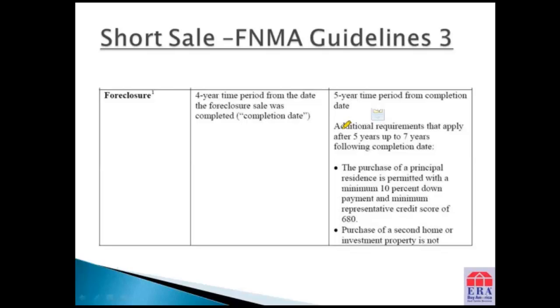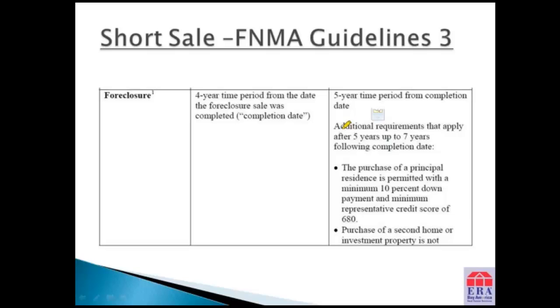And then foreclosure. Previously, it used to be 4 years. Now that's a little while back, but what they've extended it to is now a 5-year time frame. And that's a best case scenario, 5 years before you can even be considered for another home loan that's insured by any of these Fannie Mae or Freddie Mac. And the 5 years is just before they'll consider it.